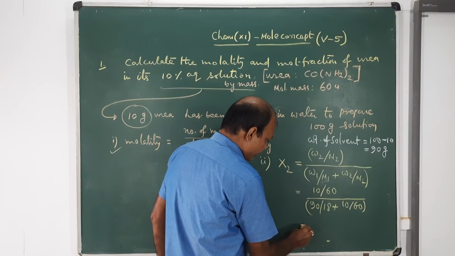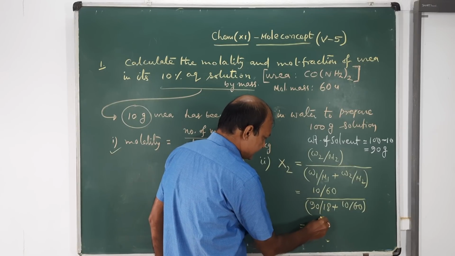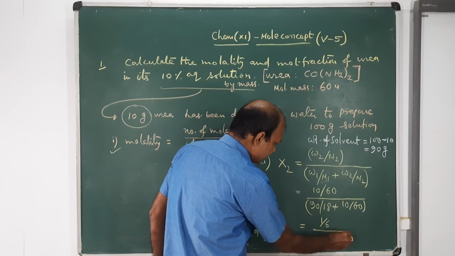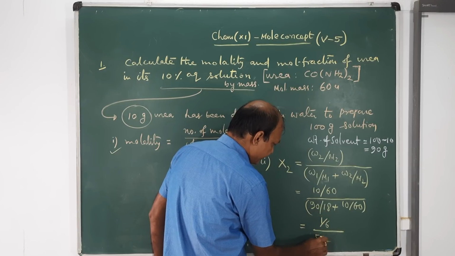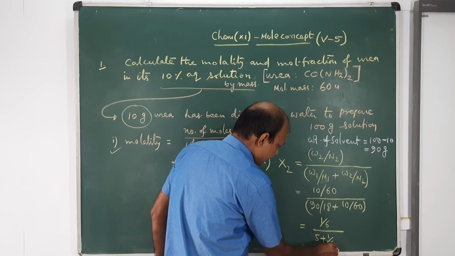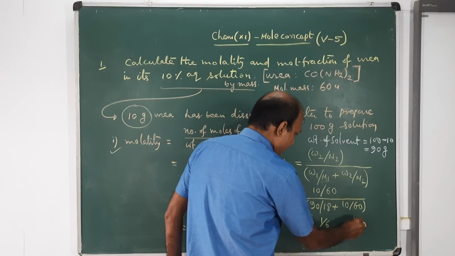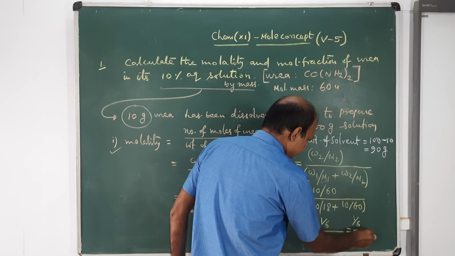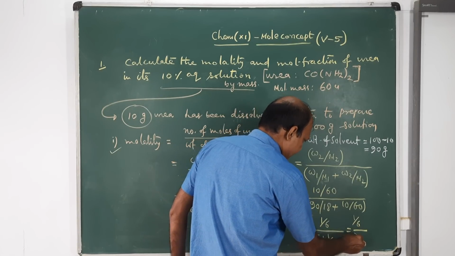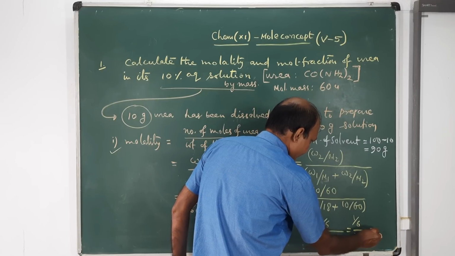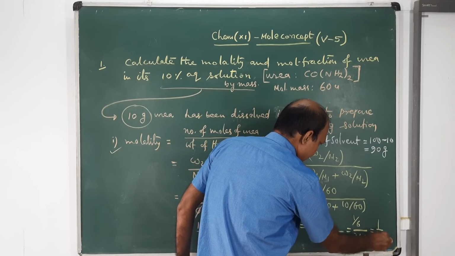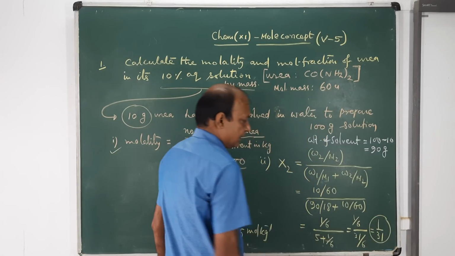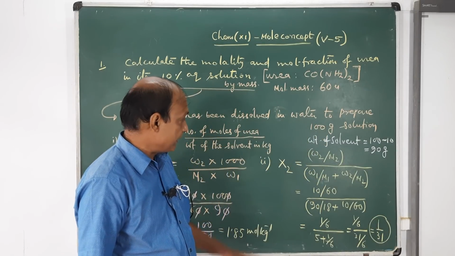If you simplify it, 1 by 6 over 5 plus 1 by 6, this equals 1 by 6 by 31 by 6. So this is equal to 1 by 31. Mole fraction of urea is 1 by 31.